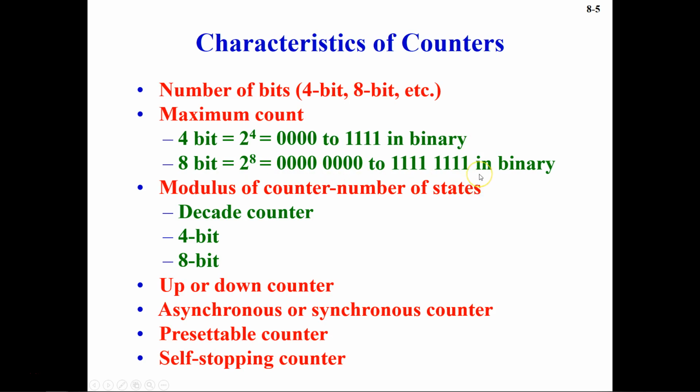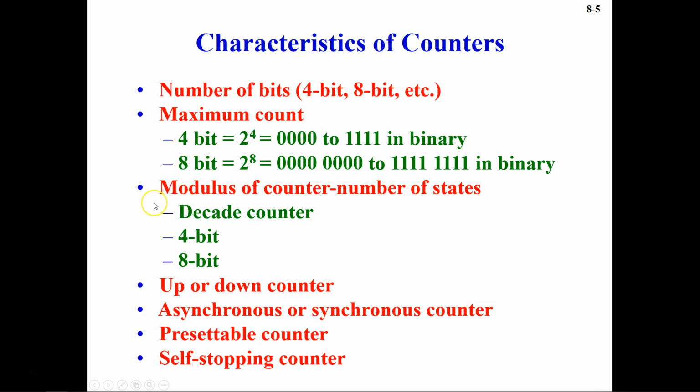So what does it mean? A 4-bit counter can count from 0000 to 1111, and it can count in between these two numbers, and the same with 8-bit. It can be in ascending order or descending order, whichever way you want to implement your counter based on the application.